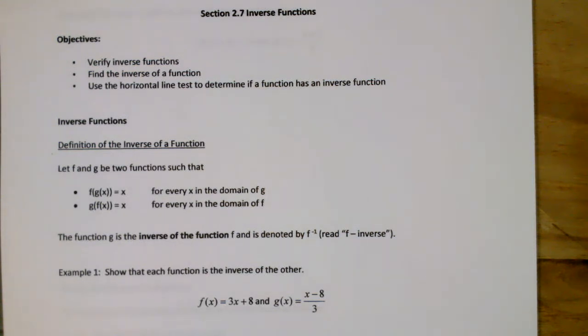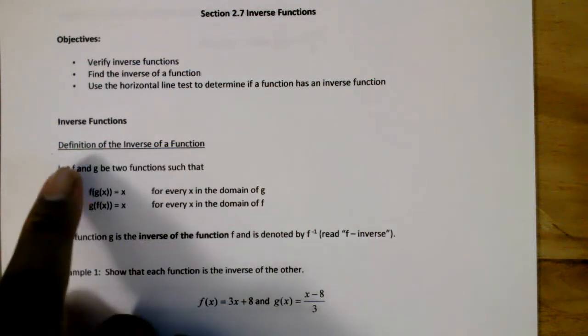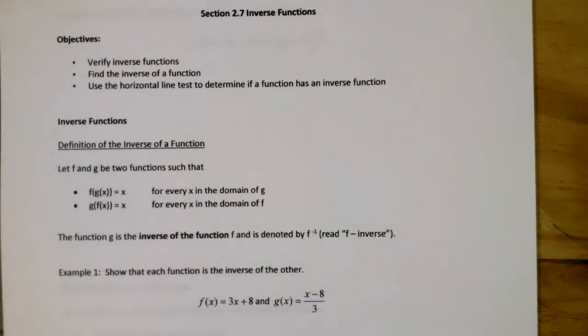Now the part for inverse functions is going to build from what I talked about in the last video, which is the composition of two functions, f and g, and also the composition of g with f of x. So here's the definition of the inverse function.